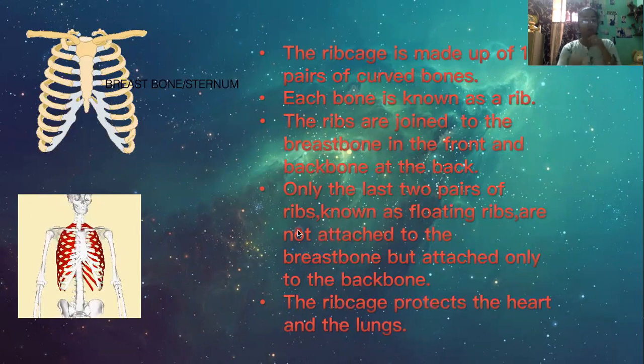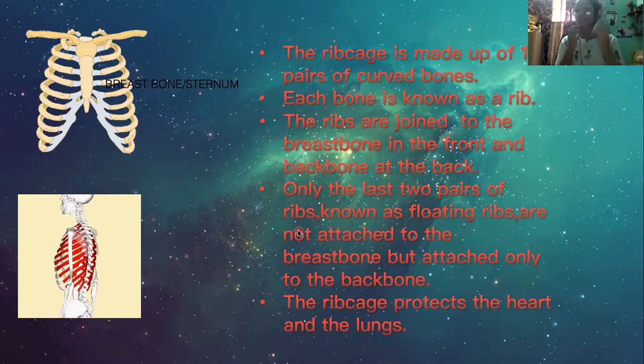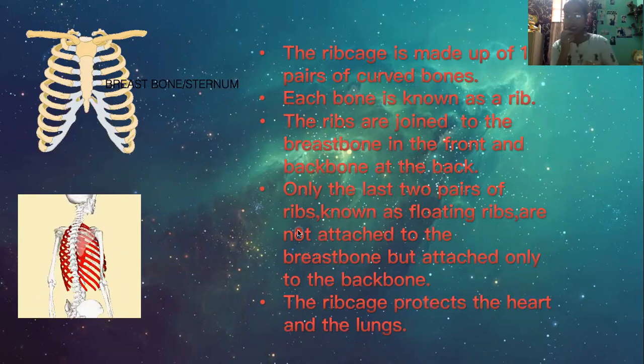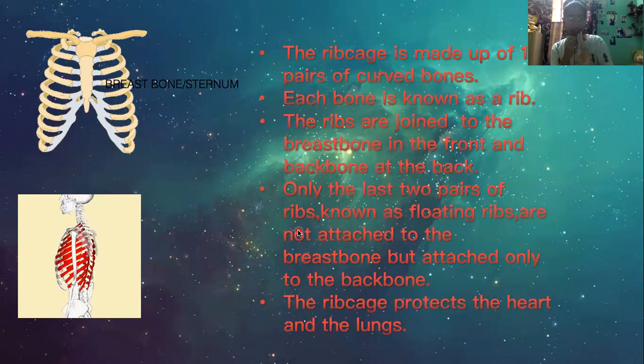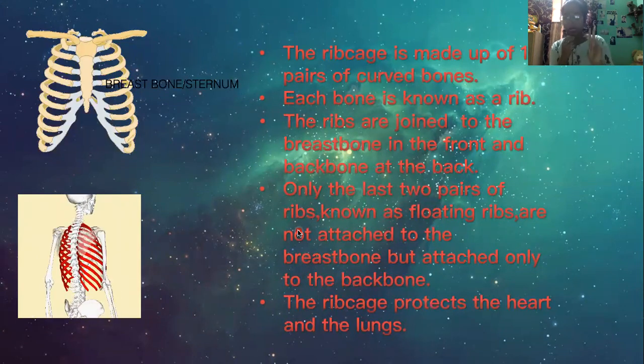So you know what is the function of this rib cage? As the name suggests, rib cage, it's a cage-like structure that protects the two most vital organs. That one is the heart and second is the lungs.